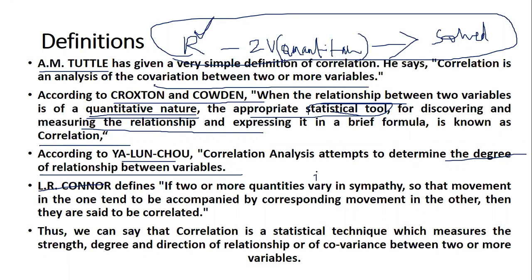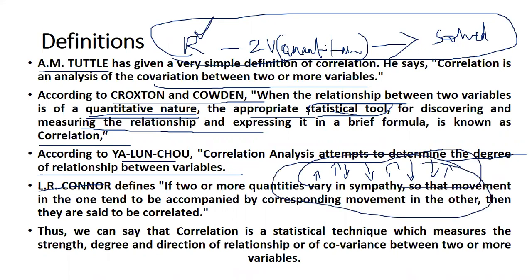If one increases, the other increases. If one decreases, the other decreases. If one increases, the other decreases. If one decreases, the other increases. Any one of these relationships can be found between two variables, then it is called correlation. At the end of the day, everybody is trying to give the same meaning.